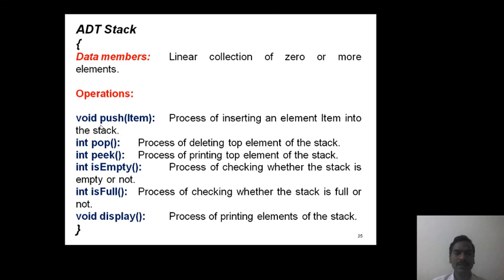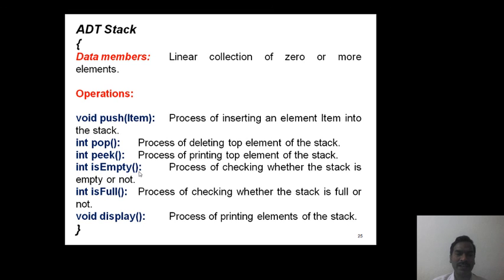The first operation, void push of item, refers to the process of inserting an element item into the stack. The pop operation refers to the process of deleting an element from the stack. Peek refers to the process of printing the topmost element of the stack.